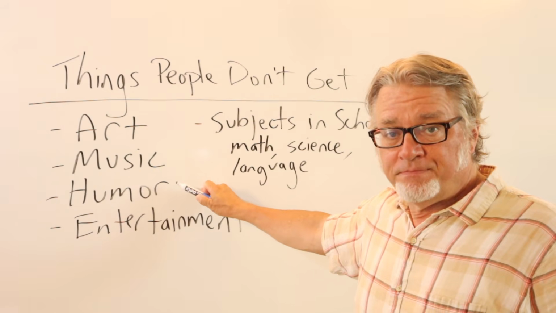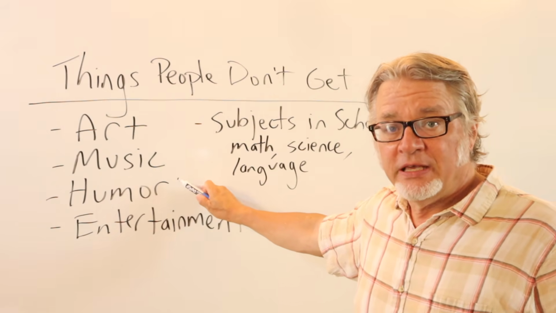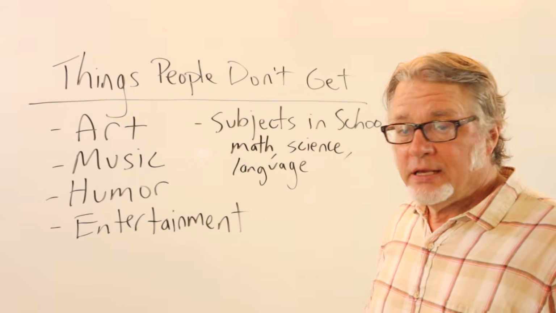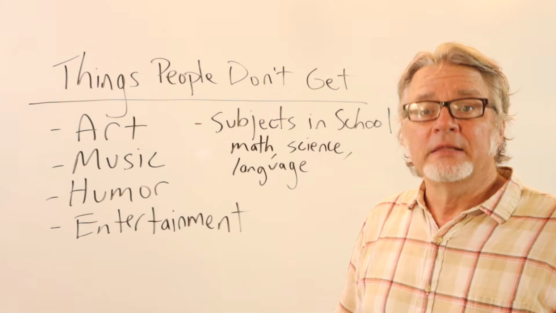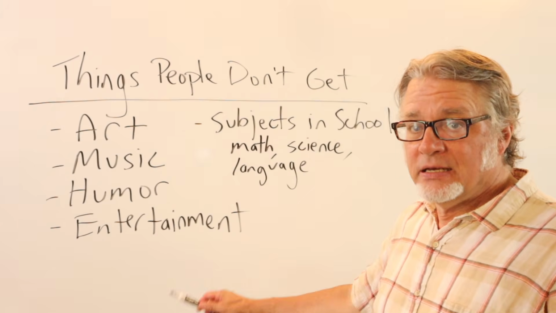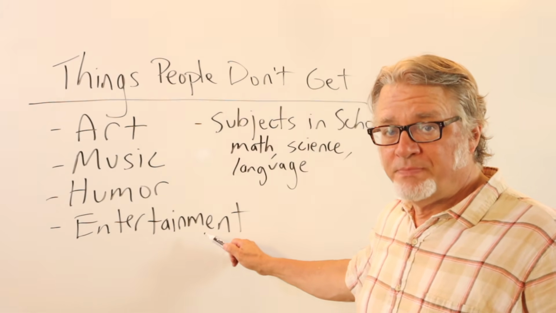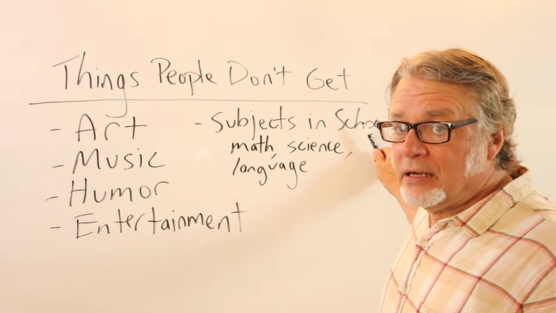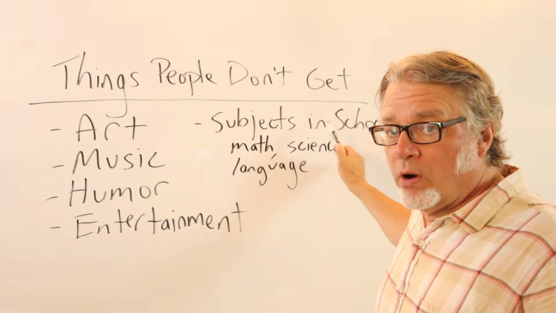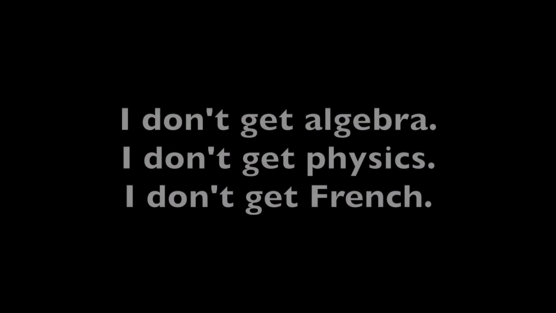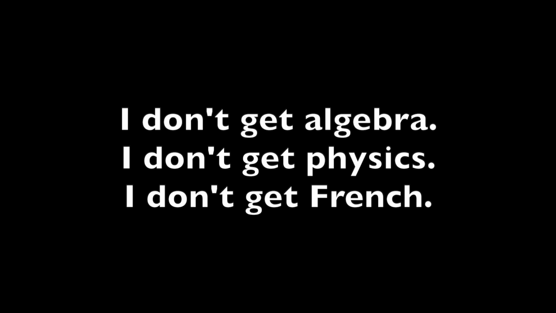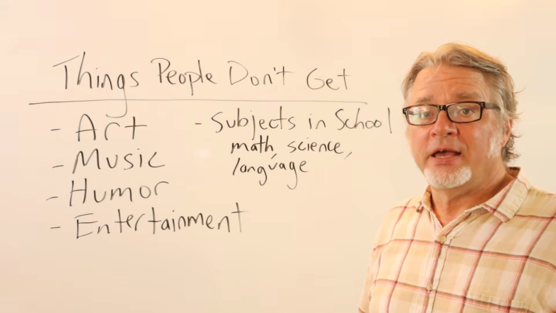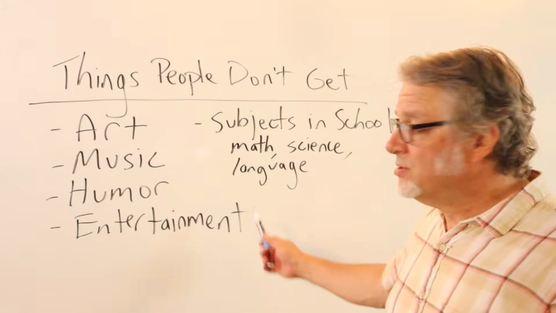Humor is something that people often don't get, especially if they're not of the culture. Or entertainment. Not everyone is entertained by the same things. So this depends on the audience. And in school, you might not get math or science or language. It's very common to hear students say in school that they don't get certain subjects.